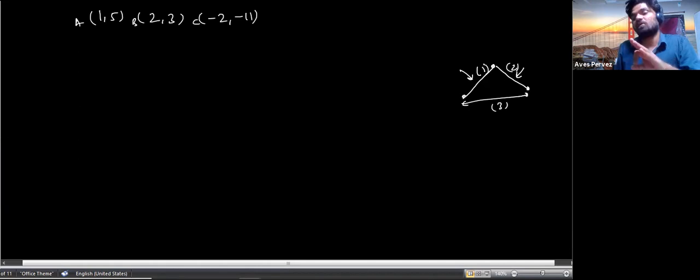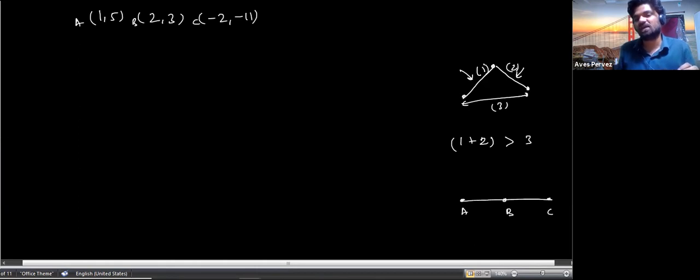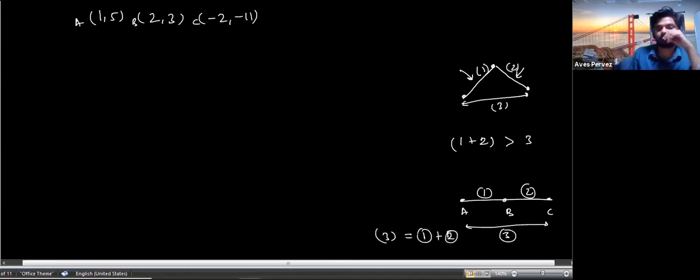If they are not collinear, then the sum of the first and second would be greater than the third. So if this is first, this is second, and this is third, the distance of the third will be equal to the first plus second. Okay, do you understand?